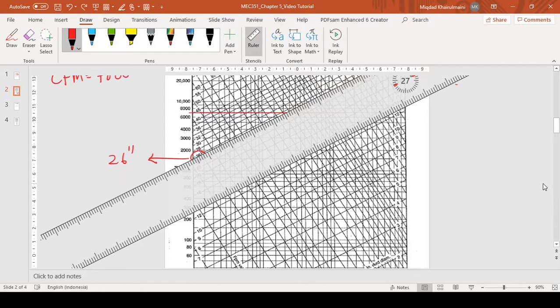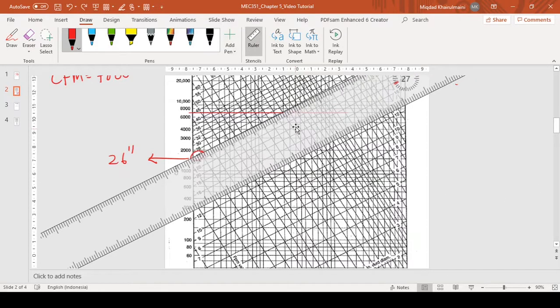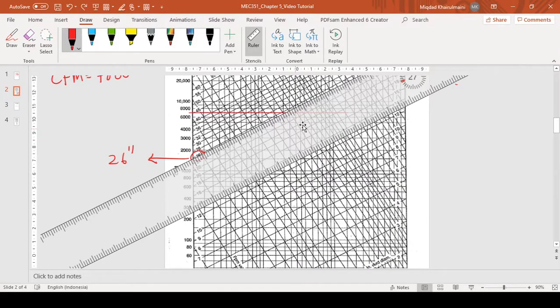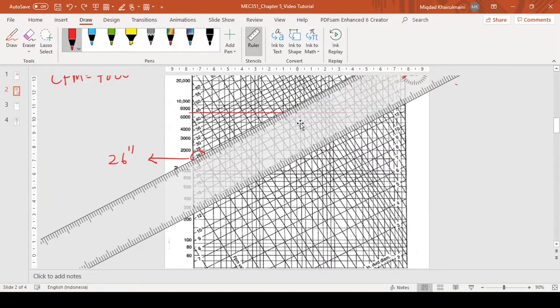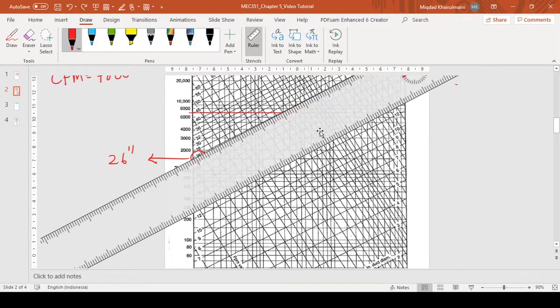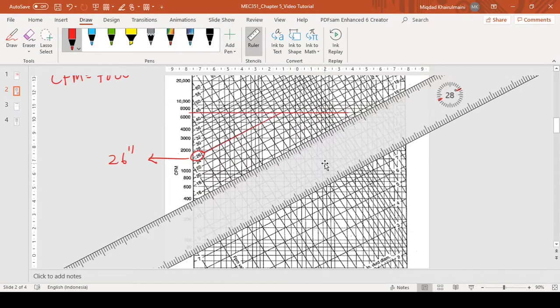I have to draw it. Alright, so we'll intersect somewhere here. Be as precise as possible. So this is our intersection point.